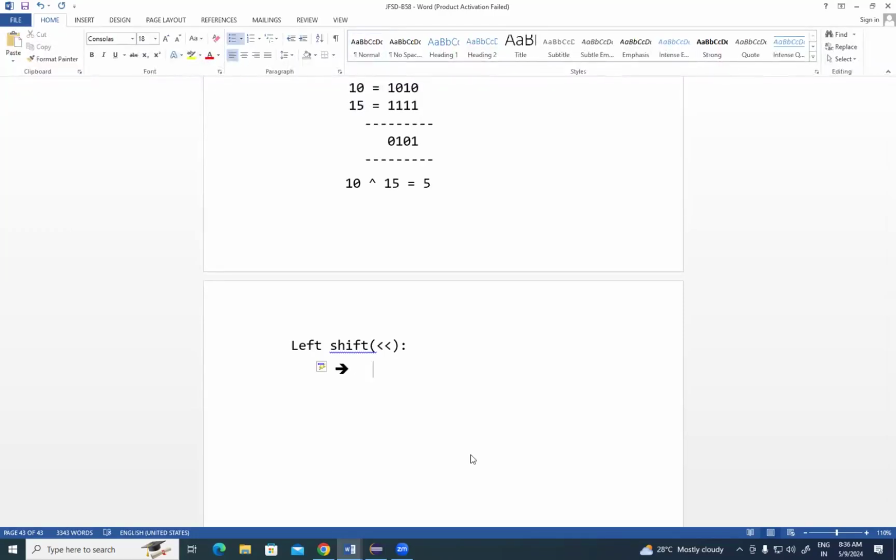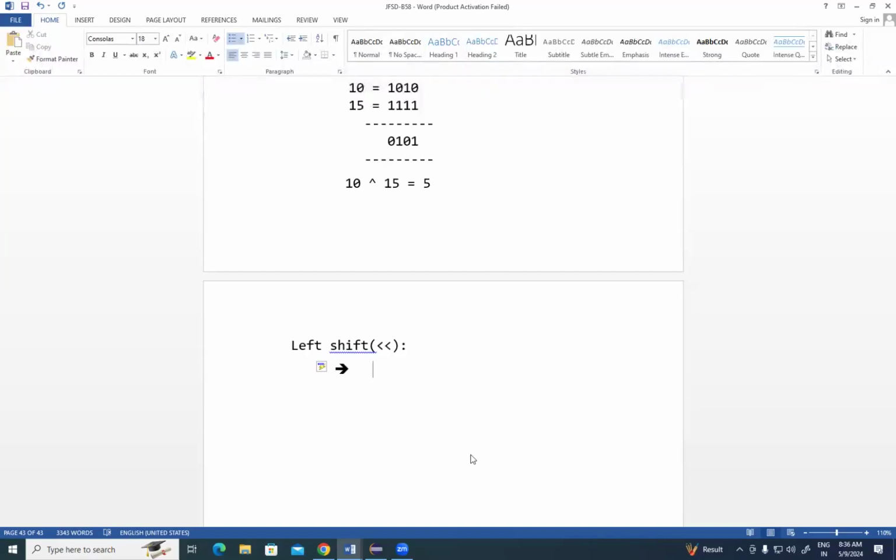Folks, I'm talking about which one? Left shift. Left shift means shift the digits to the left for the given times.